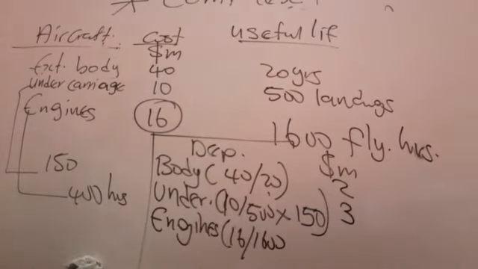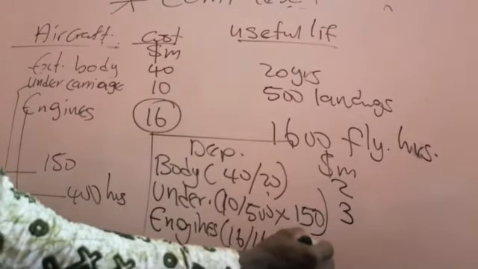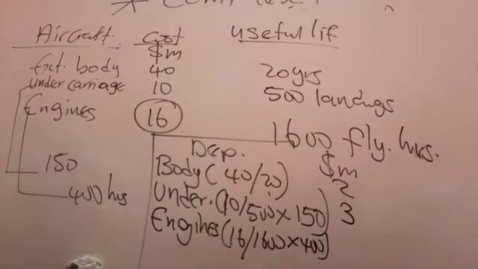So 16 divided by 1,600 gives us something like 0.01 million, times the 400 hours for the first year of operation. That will give us 4 million.